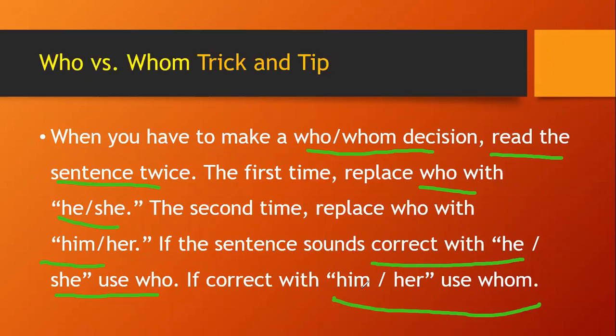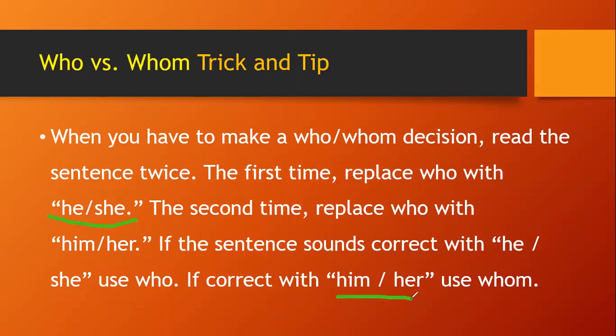Him and her are the object pronouns. So if you don't know what an object is, this is a simple thing you can do. Replace who with he and she, and whom with him and her. If it sounds correct with he and she, use who. If it sounds correct with him and her, use whom. That's it. Let's see this in a few examples.